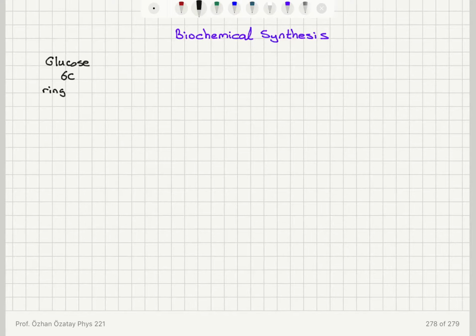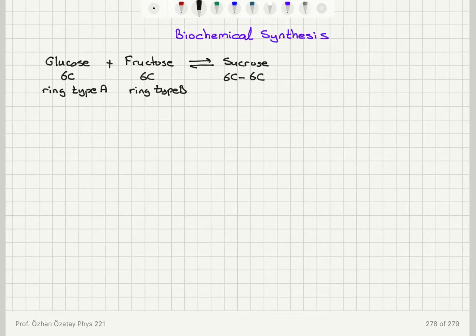We can call this ring type A. This reacts with fructose, which is another 6 carbon ring of type B, and the end product is sucrose, which is a 6 carbon 6 carbon bond plus water.